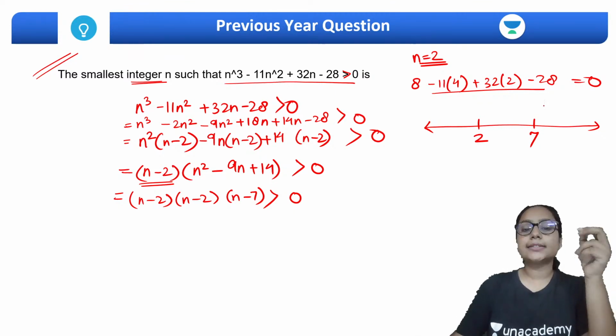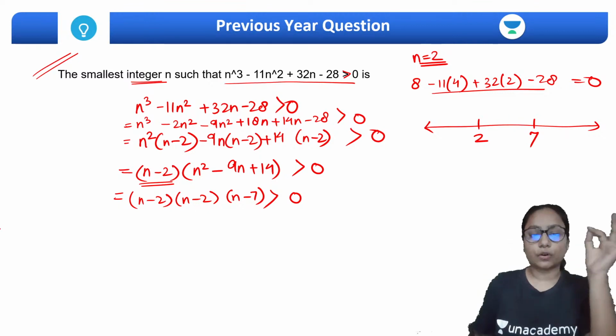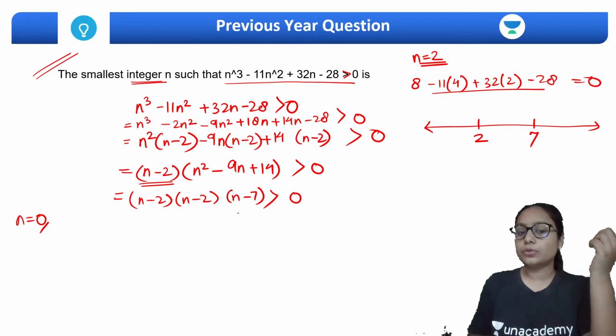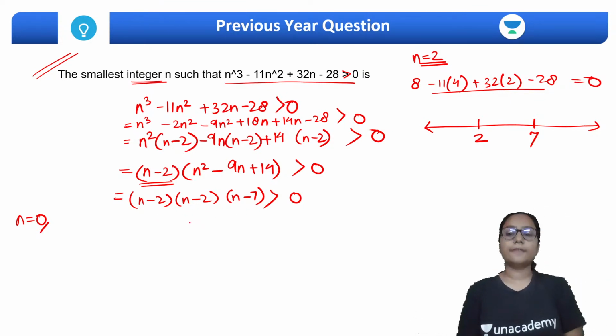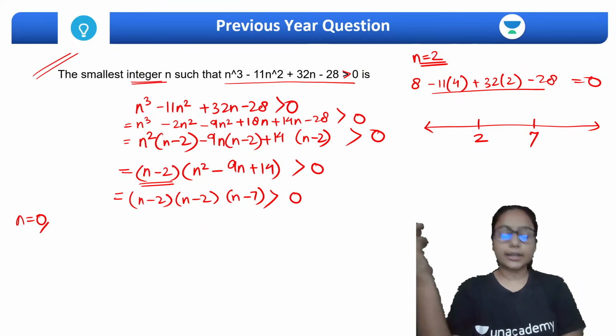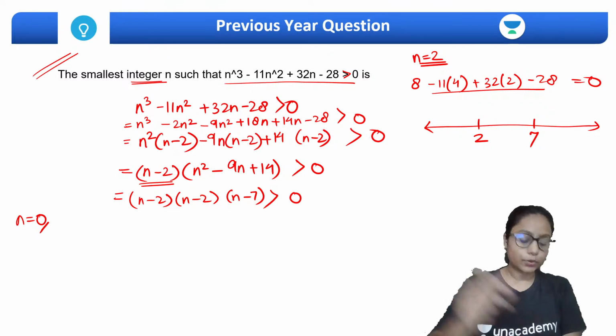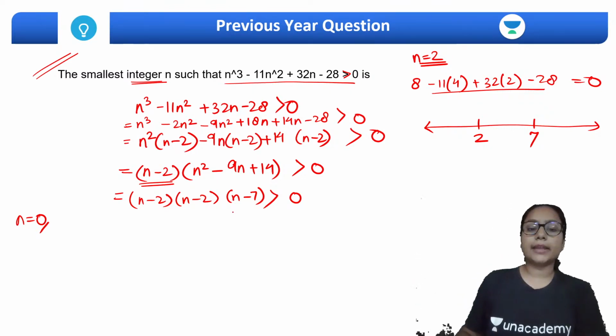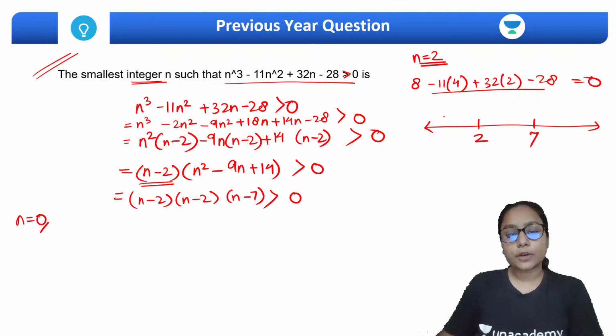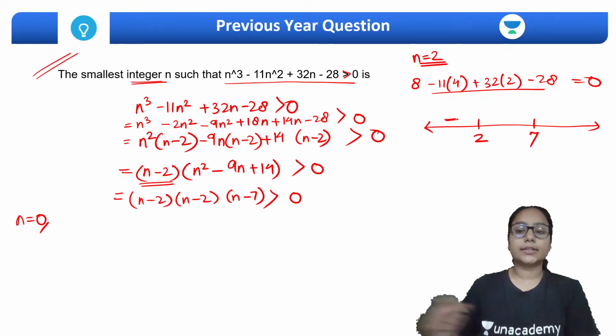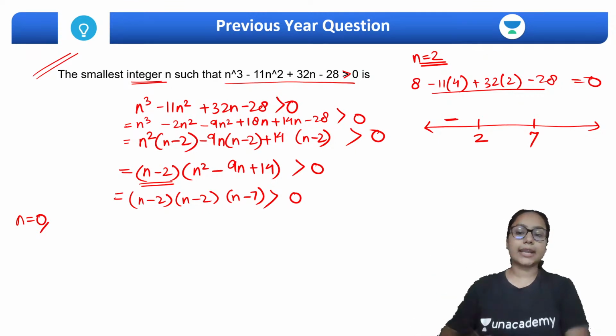Let us take n as 0 and see whether it satisfies or not. If n is 0, do I get a positive value on the left hand side? Will this inequality be satisfied for n is equal to 0? You will have minus minus minus, which is less than 0, so not satisfied. Means for this part, the left hand side is negative.